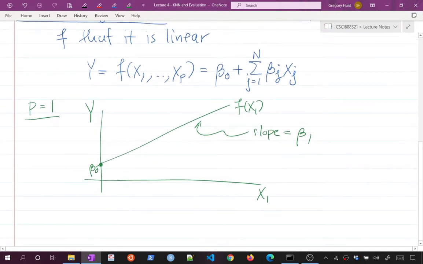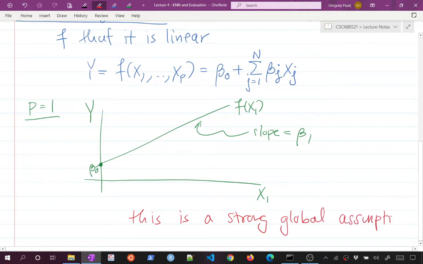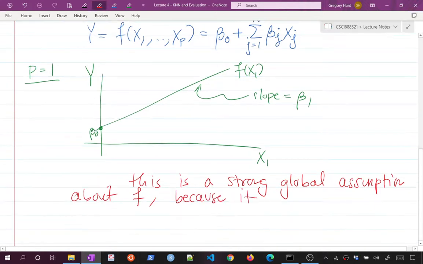And so this is a very strong global assumption about f, because it says that f is linear with slope beta 1 everywhere.